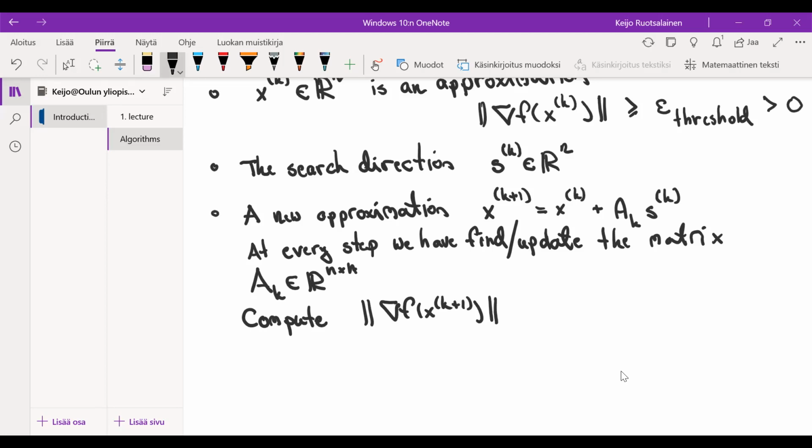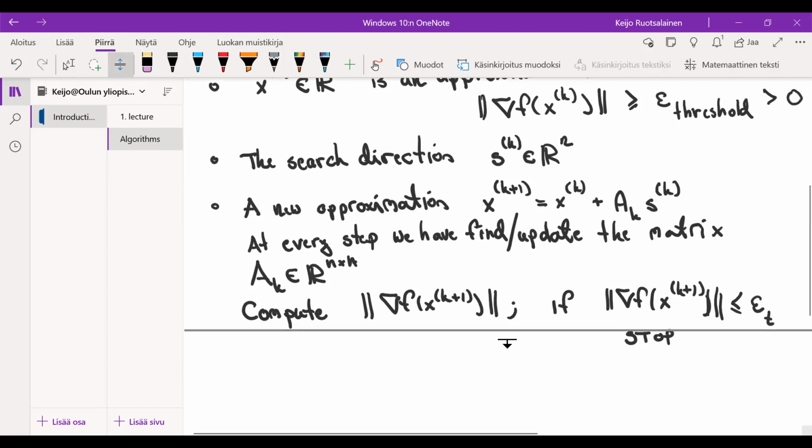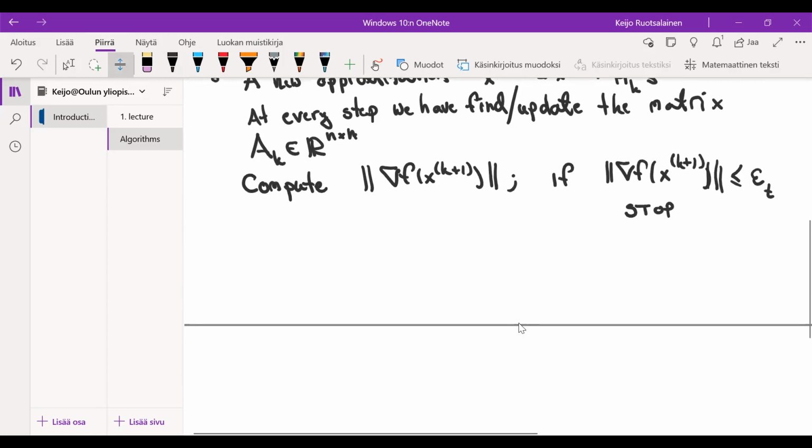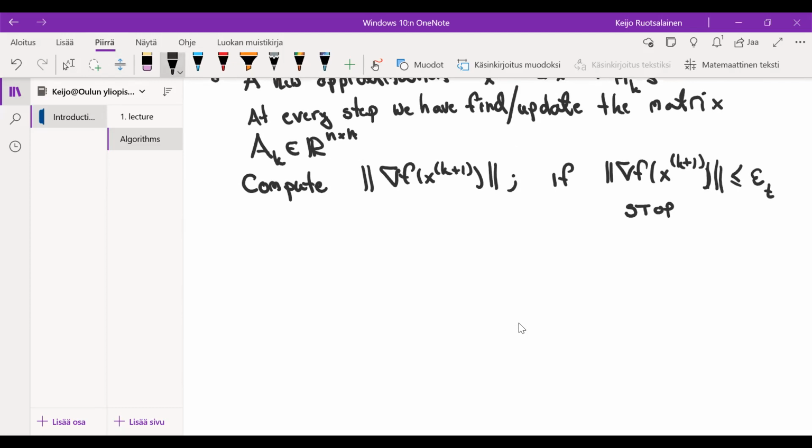So if the norm of the gradient at the new approximation is less than epsilon threshold, stop. Else return to step. What was the step?